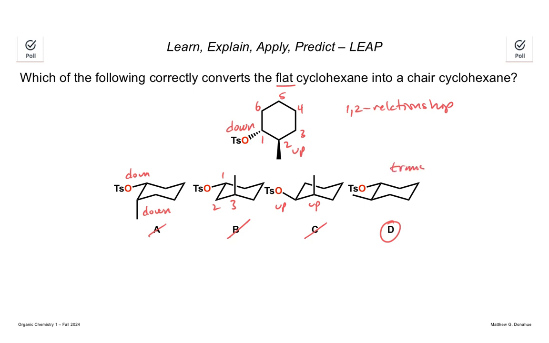So we would say their relationship is trans, so they're opposite. And this is probably the most stable conformer because both substituents are equatorial.